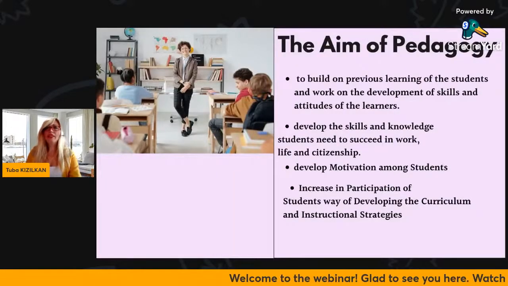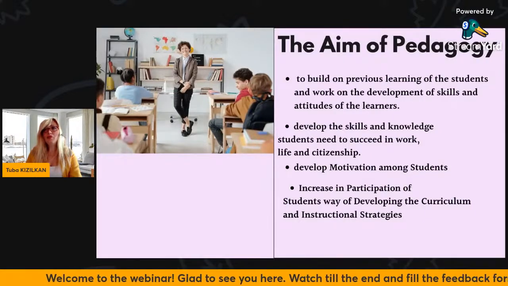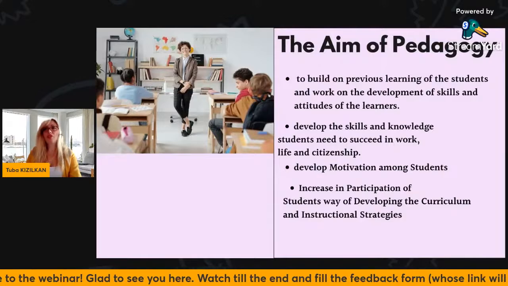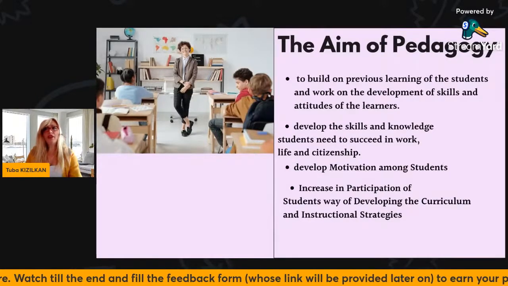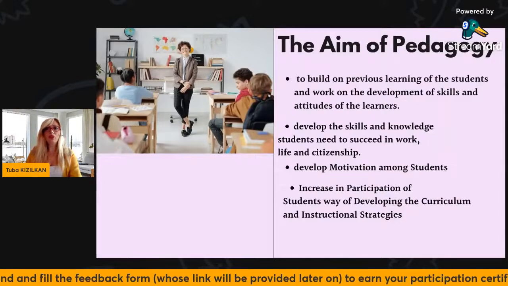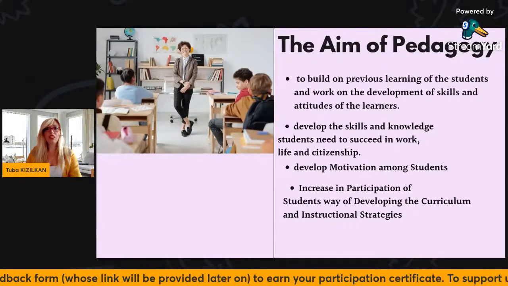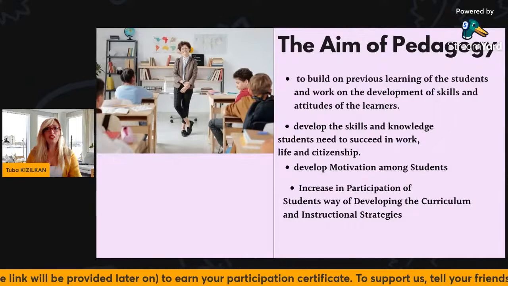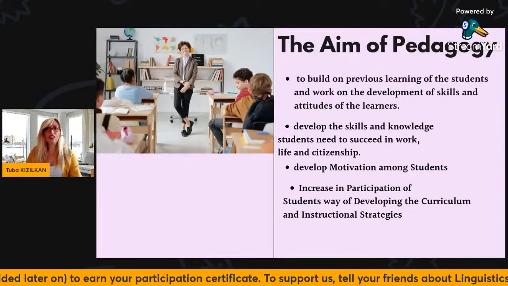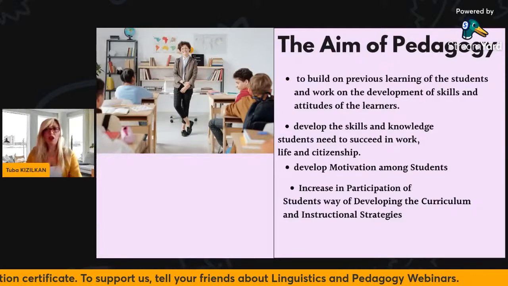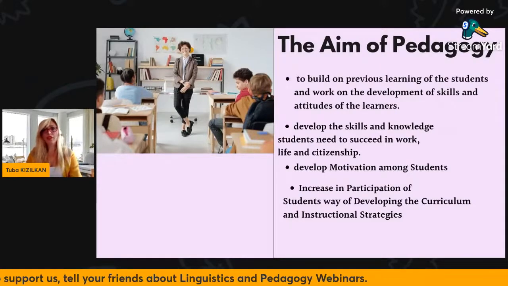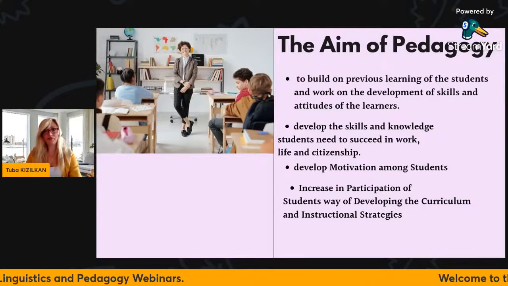So, what is the aim of pedagogy? Why is it an important concept in terms of education? It is to build on previous learning of students and work on the development of skills and attitudes of learners. And it also aims to develop the skills and knowledge students need to succeed, both at work, in school life, and daily life, and as a citizen.